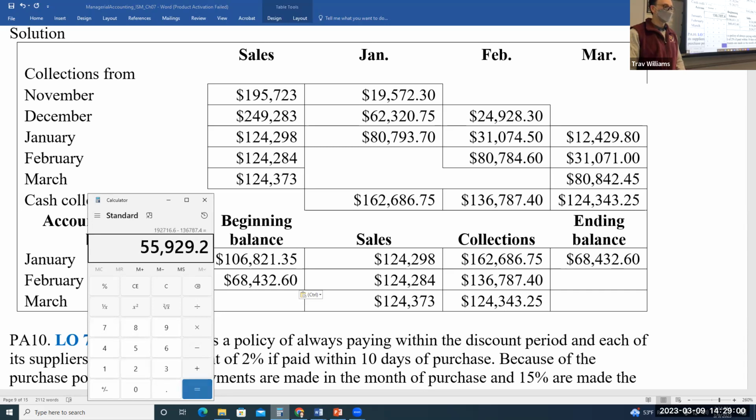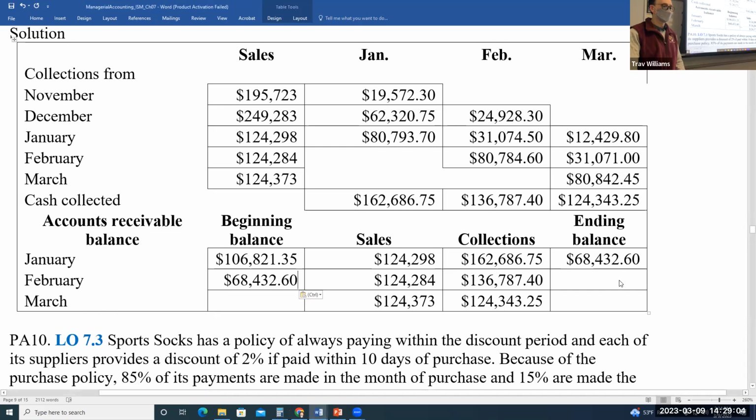Again, we add our sales, subtract our collections, we get 55,929.20. That becomes March beginning balance.